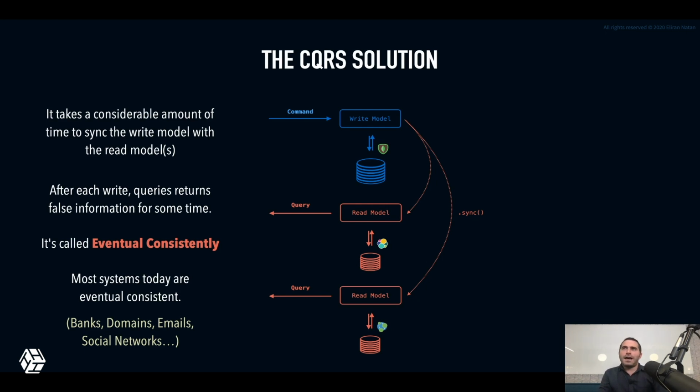When you're initiating a bank transaction, they tell you it will take up to 3 days to complete the transaction. Why is that? It's because they don't really know when it will happen. The same with domain propagation. When you buy a domain, you have to wait 24 hours for it to be updated in all servers. This is some kind of eventual consistency.